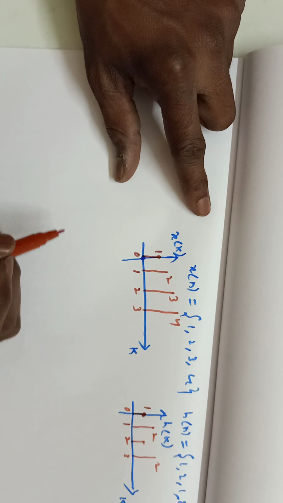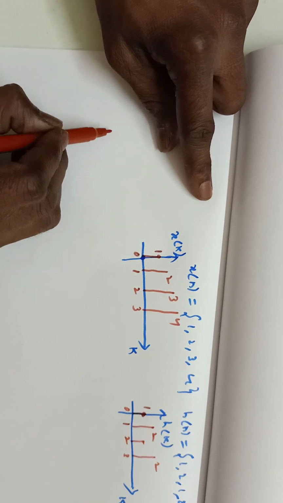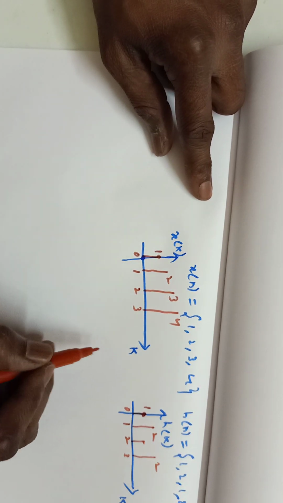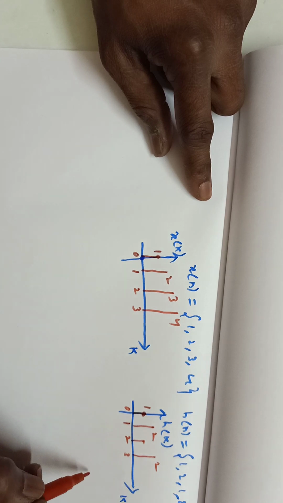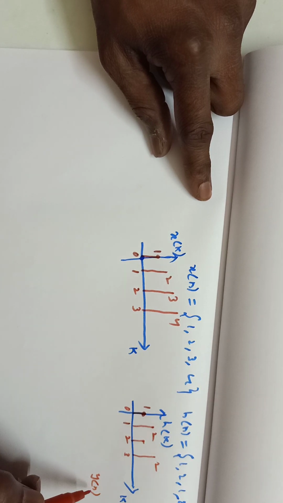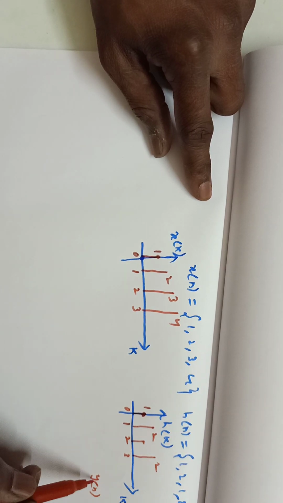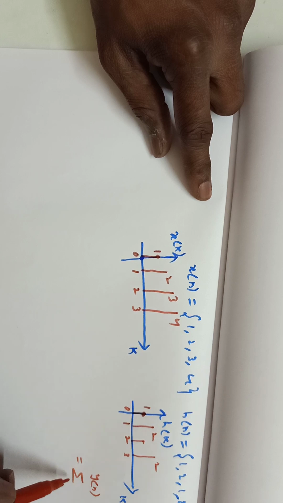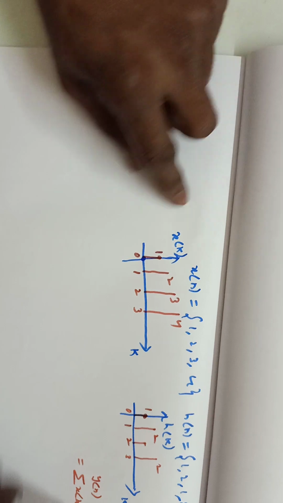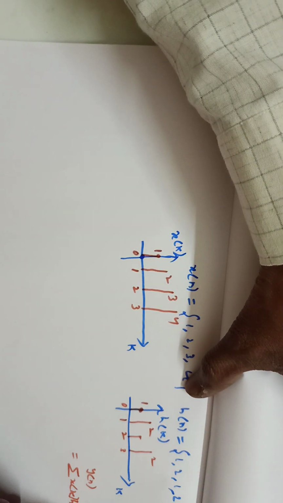What is the first step we want to do? We know the formula y of n equal to the sum of x of k into h of n minus k.